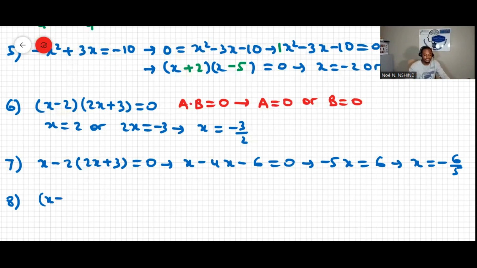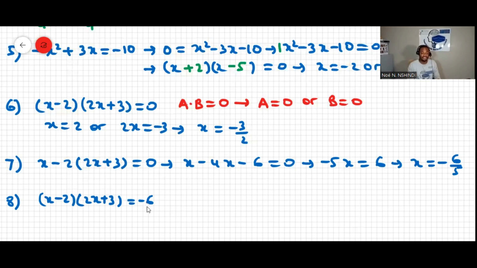Question 8. Over here we have x minus 2 times 2x plus 3 equal to negative 6. Note that again, this is not similar to that formula. It is applicable only when it's equal to 0.